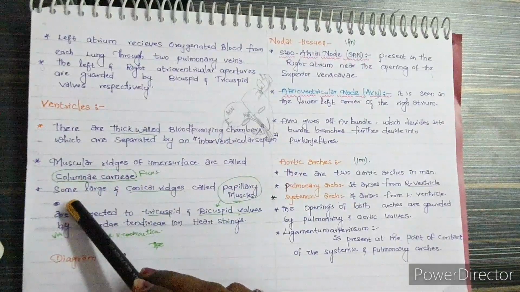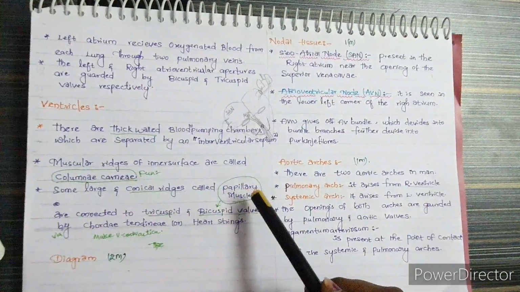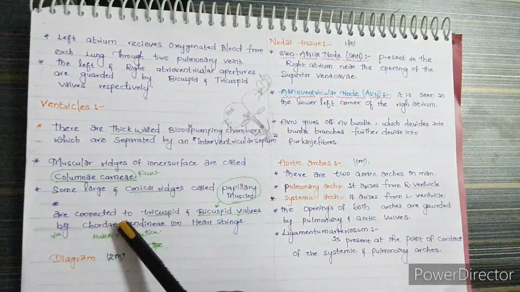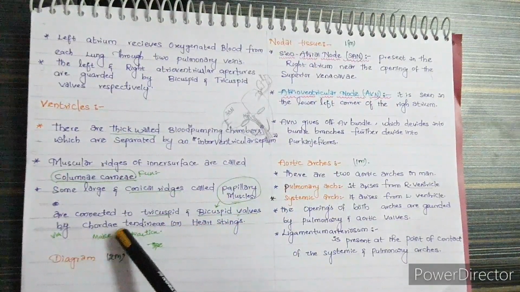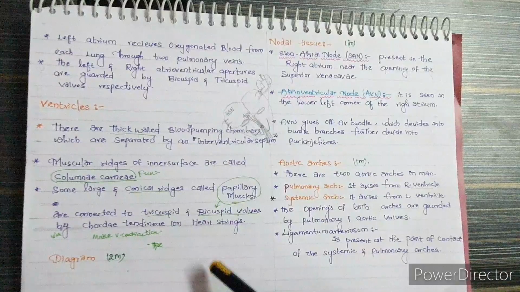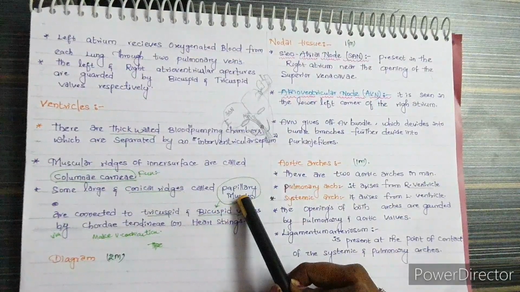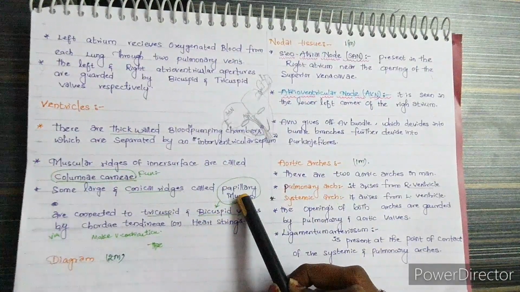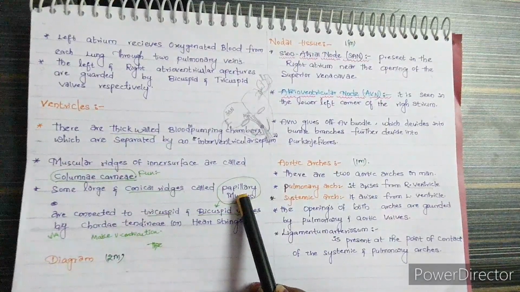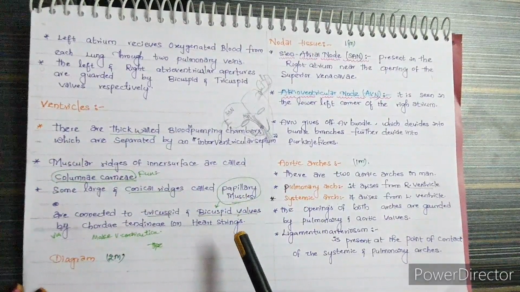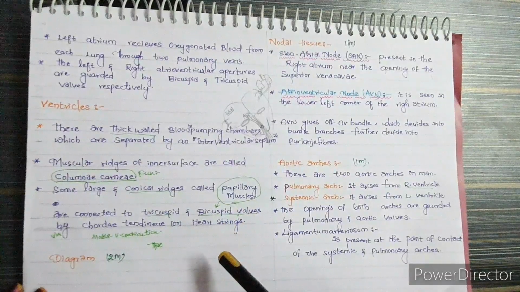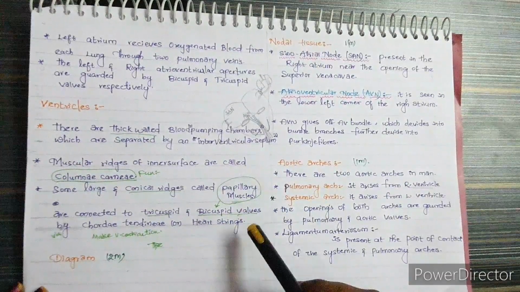Next, some large conical ridges called papillary muscles are connected to the tricuspid and bicuspid valves by chordae tendineae, or heartstrings. Papillary muscles project like conical ridges into the ventricles to prevent opening of the AV valves when ventricular contraction is taking place.